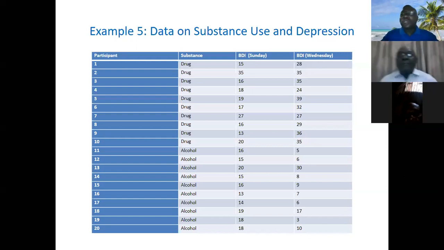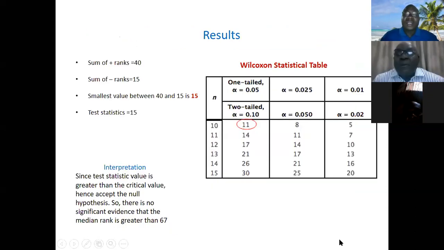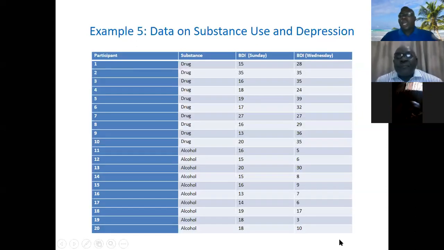Let's quickly look at the data on substance use and depression. Let's quickly look at the independent group now. This independent group has two groups, just like the way we enter in SPSS, look at this table.